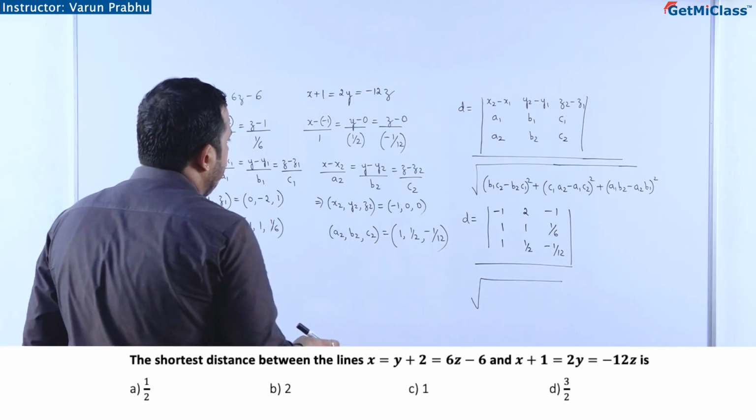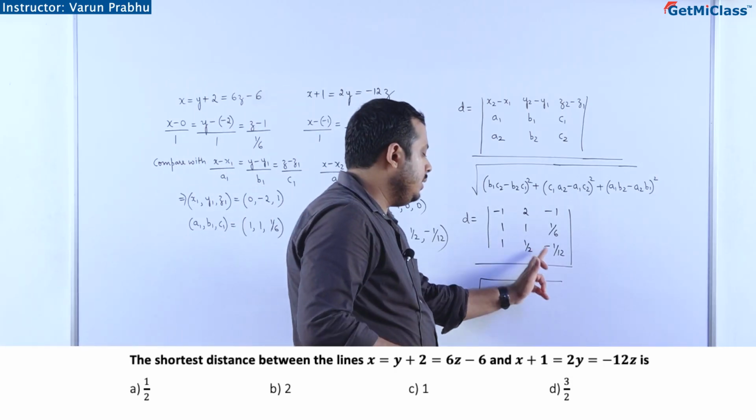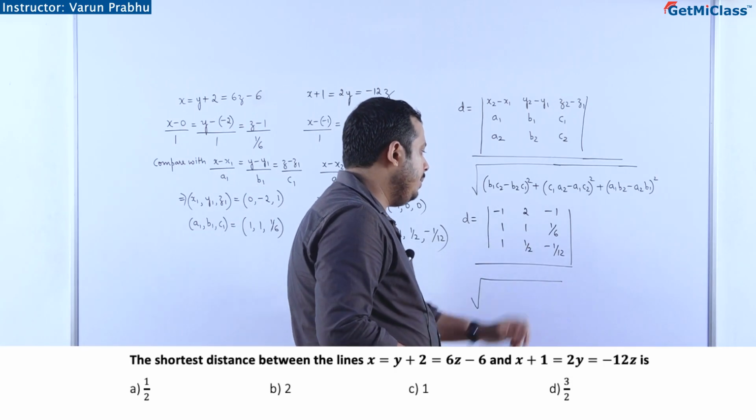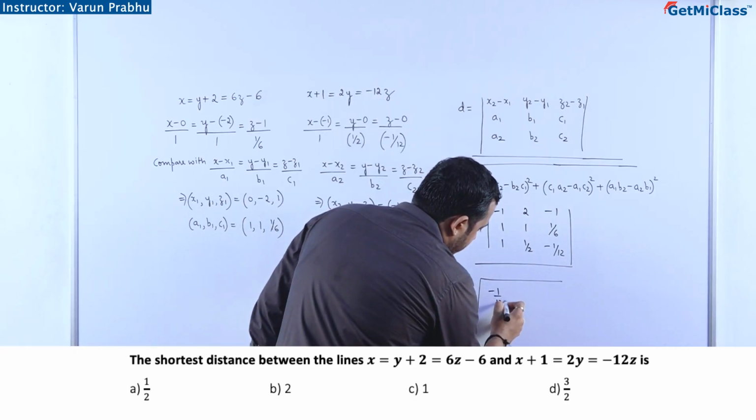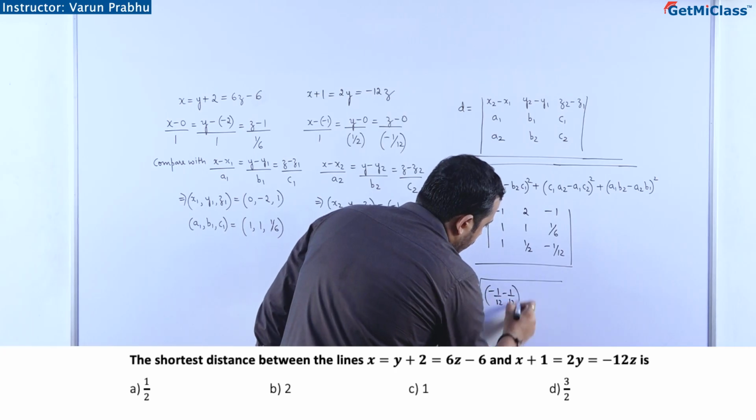If this problem is becoming difficult here, b1 c2 will be equal to minus 1 by 12, minus 1 divided by 12 the whole square.